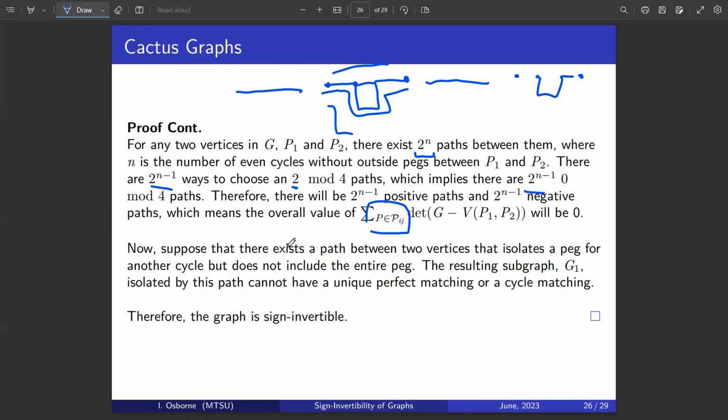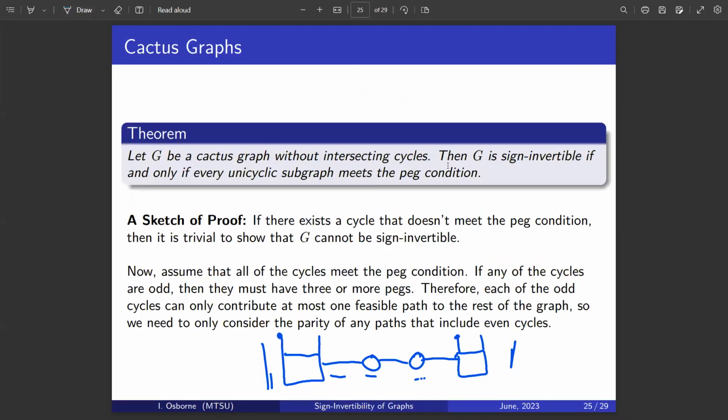You only have to be concerned about the paths inside of the individual cycles themselves. And so that really simplifies it, and that's what allows us to get at our result, where your cactus graph is s-invertible if and only if each of those unicyclic subgraphs meets the peg condition.